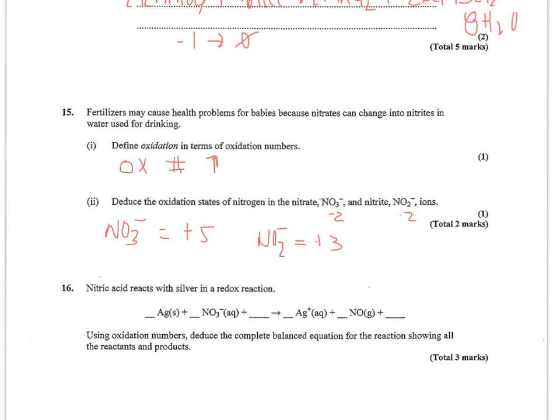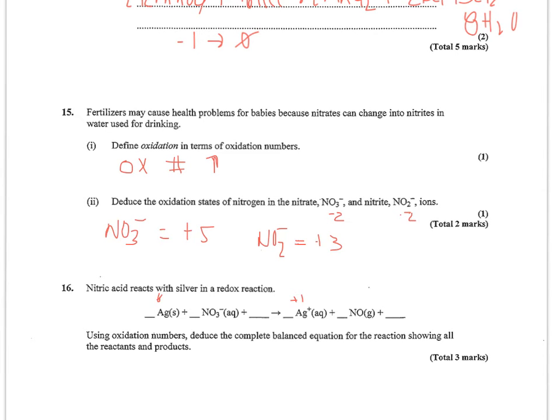Number 16 says nitric acid reacts with silver in a redox reaction. Use oxidation numbers, deduce the complete balanced equation for the reaction showing all the reactants and products. And they've left me a couple blanks here because quite likely we're in an acidic solution. But I have silver at 0 and then a +1.